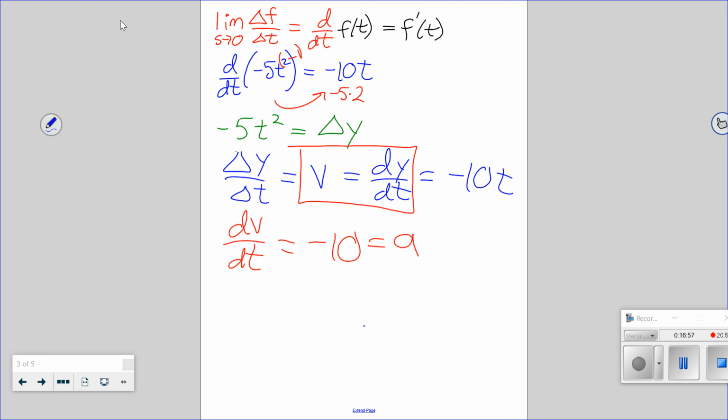And now, if you have an acceleration function, you can take a derivative of that. You get what's called the jolt. And then there's something else, and you just go and go and go, and you can calculate rate of change and everything. Any questions?